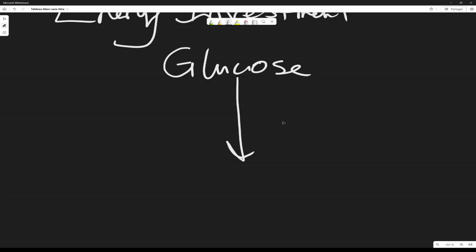So here we have ATP being used. The purpose of respiration is to get ATP, but in order to get energy, we need to use up some energy.